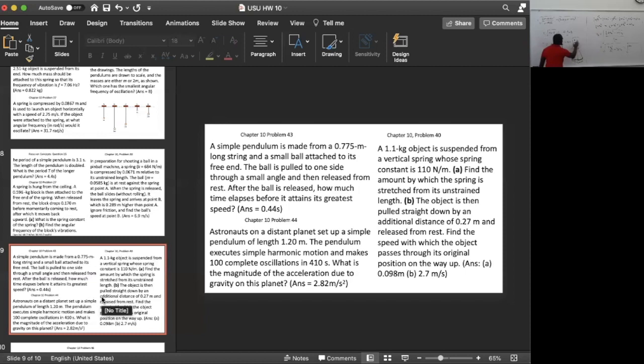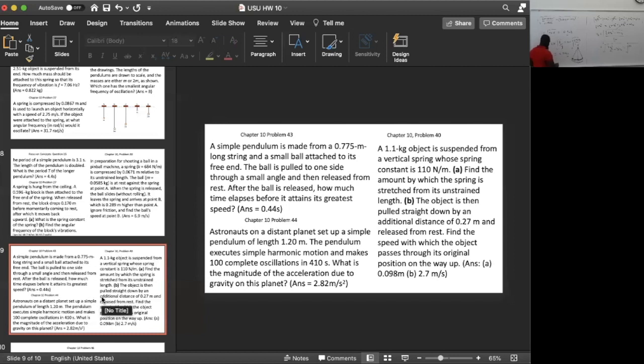Oh, 0.775 meters is what's here, divided by 9.8, times 2 pi. So let's redo that. The square root times 2 times 3.142 is 1.77.